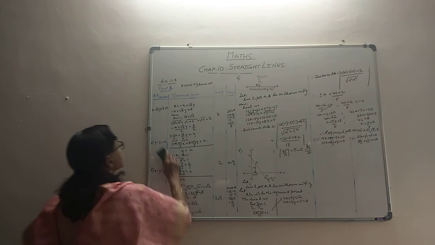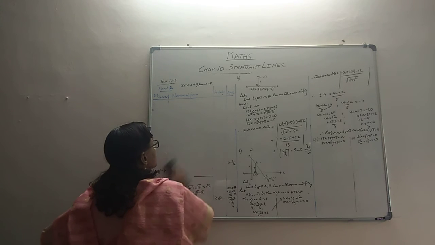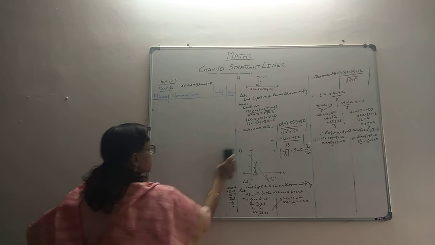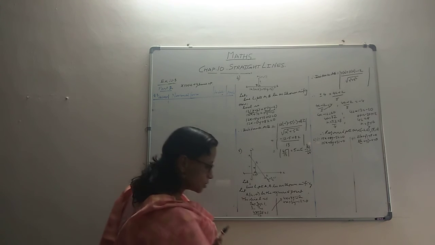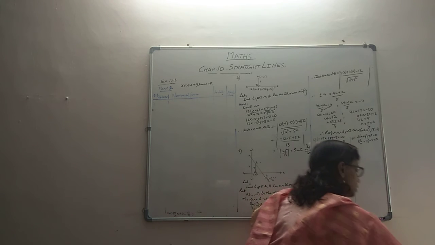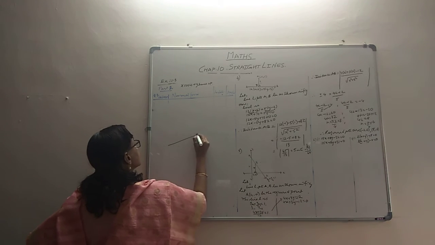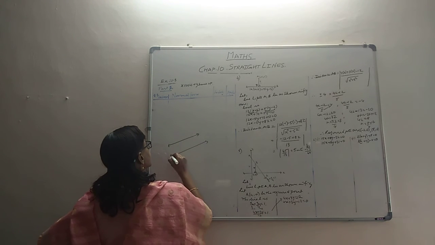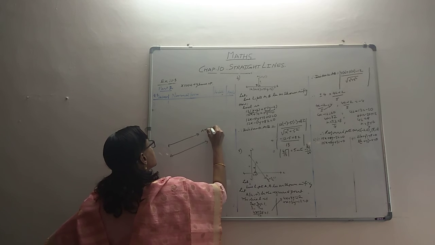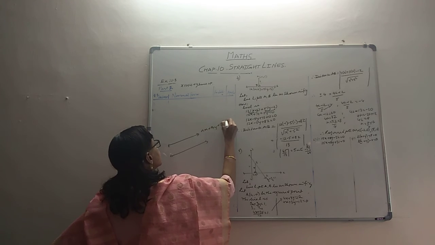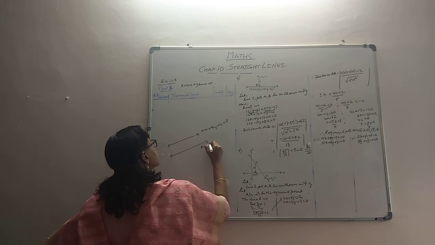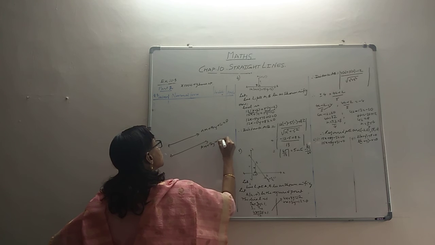So, as usual, I'll quickly let you know what the formula is, and then we will quickly see how it is. Suppose you have these 2 lines, say there is one line like this and there is another line like this. This is ax plus by plus c1 equal to 0. This is ax plus by plus c2 equal to 0.